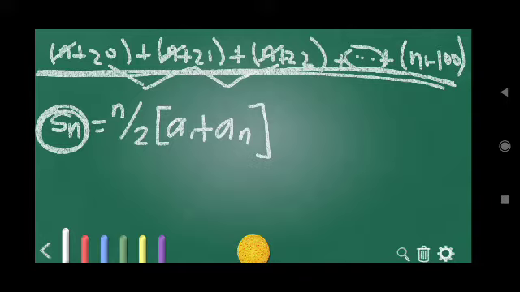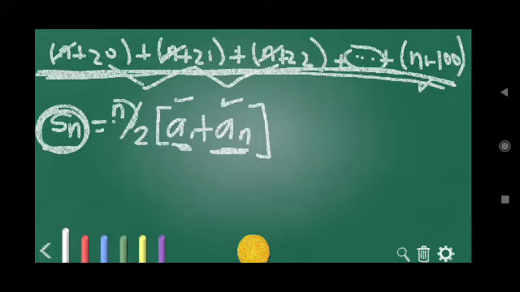In order for us to find S sub n, we have to make sure that the variables n, a sub 1, and a sub n can all be found out of the given. So, we start with a sub 1. That's your first term, n + 20. Your a sub n is your last term, which is n + 100. So, we also have this one.